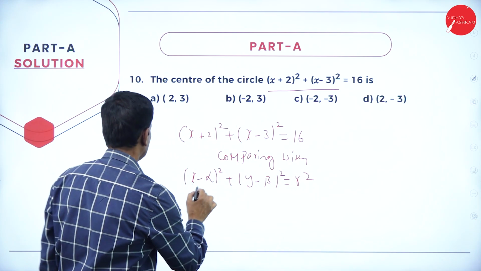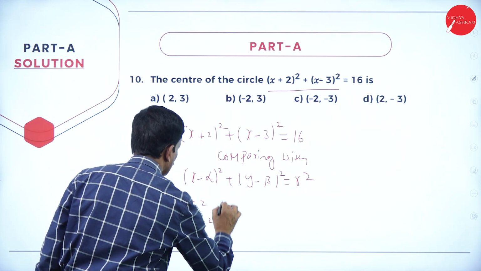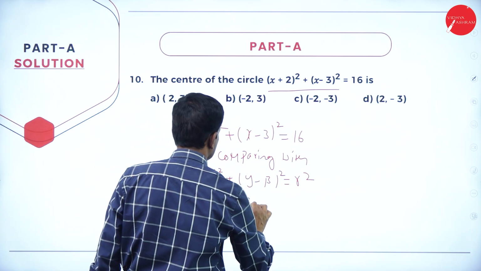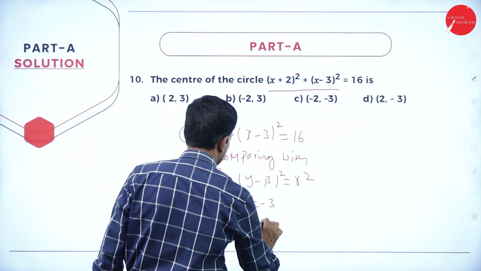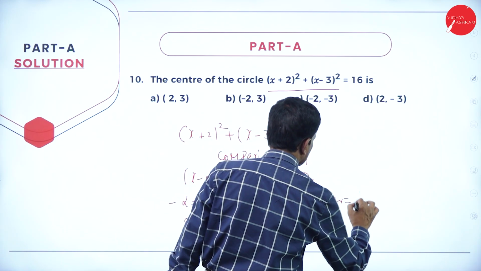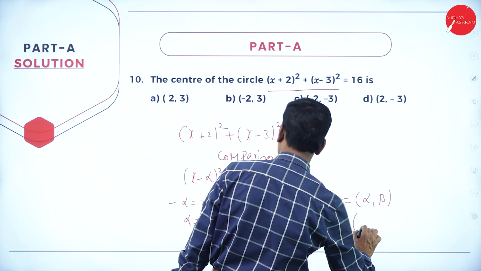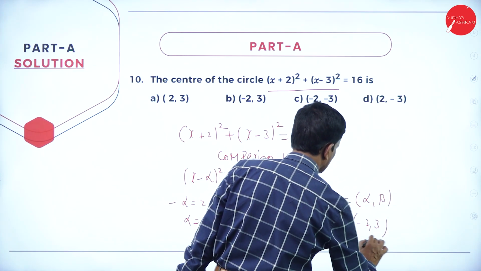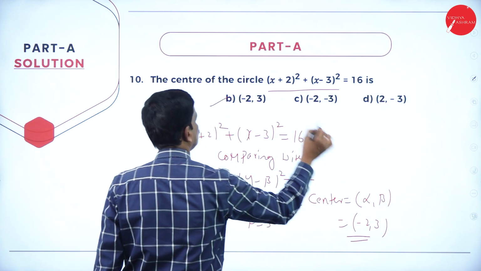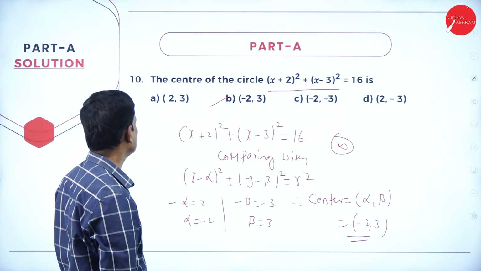So, here minus alpha is equal to 2, therefore alpha is equal to minus 2, and minus beta is equal to minus 3, beta is equal to 3. Therefore, the center is alpha comma beta, that is minus 2 comma 3. Option B is the correct answer, right.